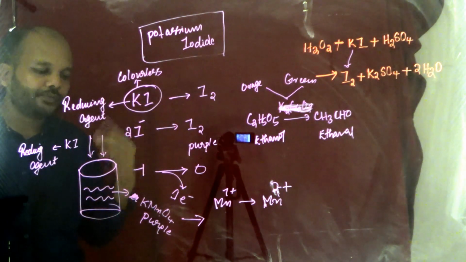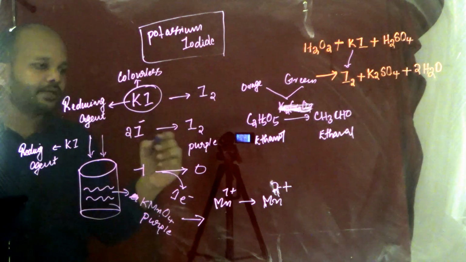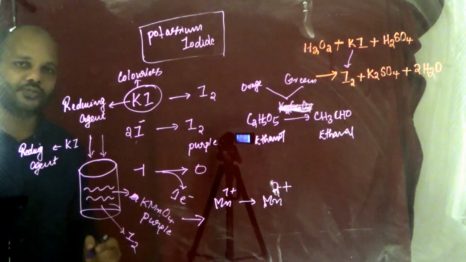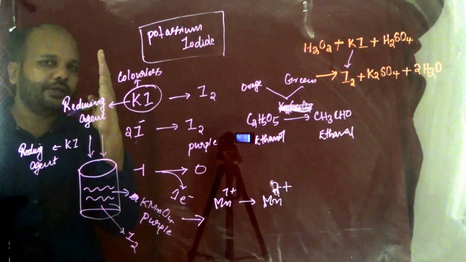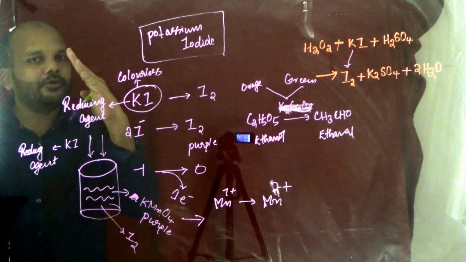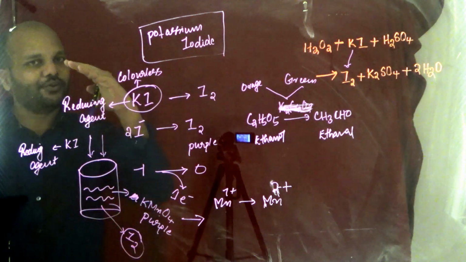As you go on adding, after some time the iodine will remain in the solution. So the solution will come to a colorless point, the end point, and slowly the purple color due to the presence of iodine will come.